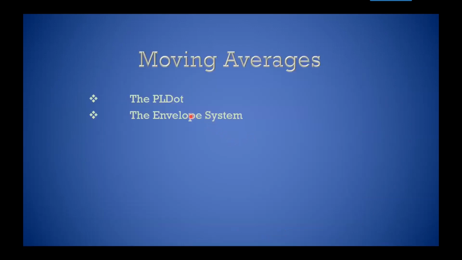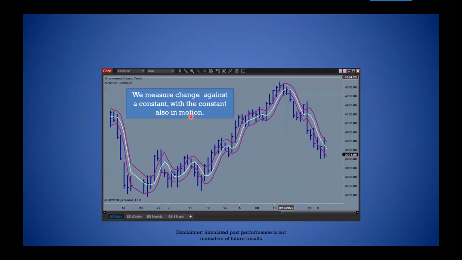Then we take this PL dot and we chart it, and we expand it, and we derive an envelope from the dot. And now we have a matrix of indicators. And this lets us measure change against a constant, but the constant is also in motion. So it's a change against the constant. The constant is always there.